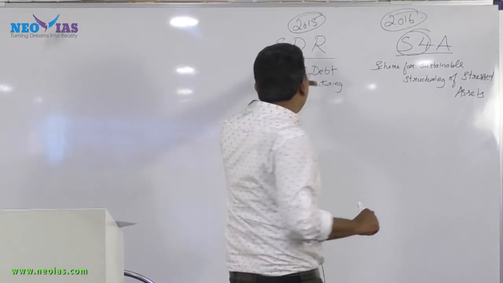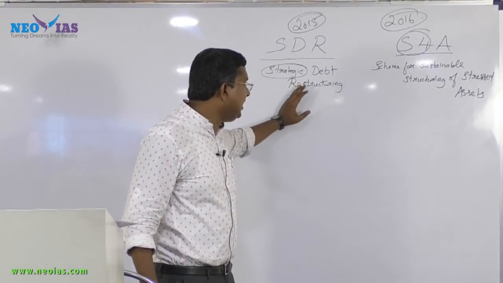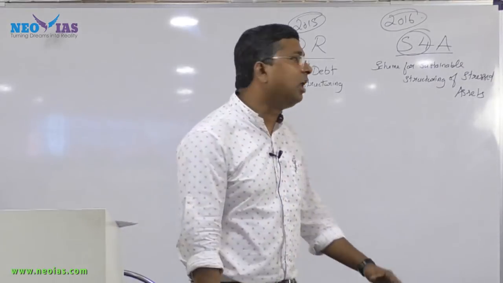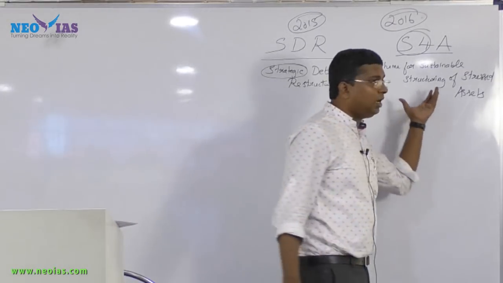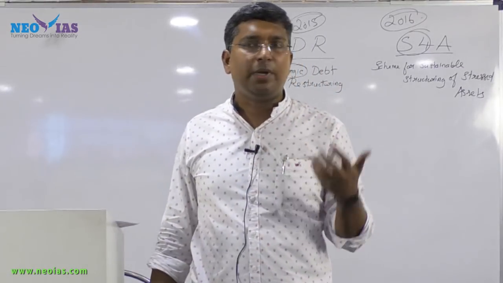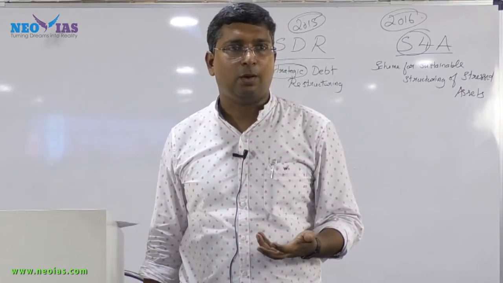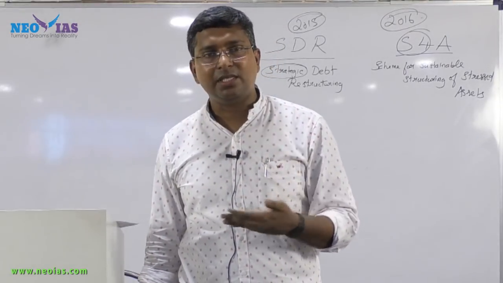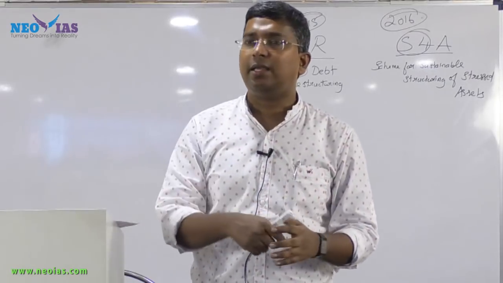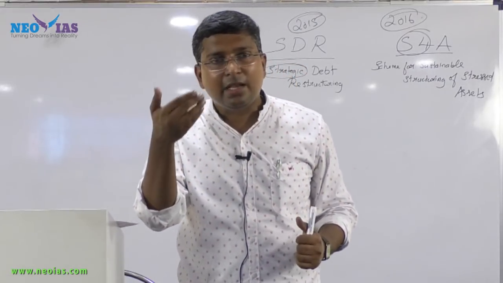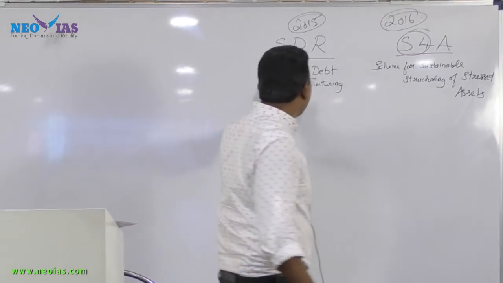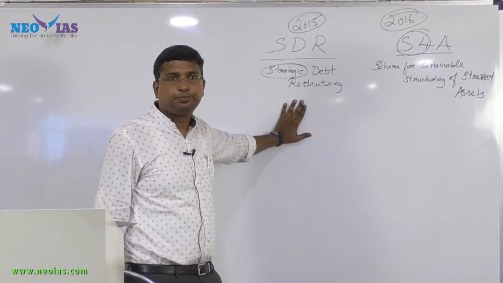Now, the strategic debt restructuring is for those companies. Both schemes are for stressed companies who have taken loans that have become non-performing. Both schemes are not only helping banks, but also helping companies, giving a company a chance for revival. Now we'll see what strategic debt restructuring is all about.